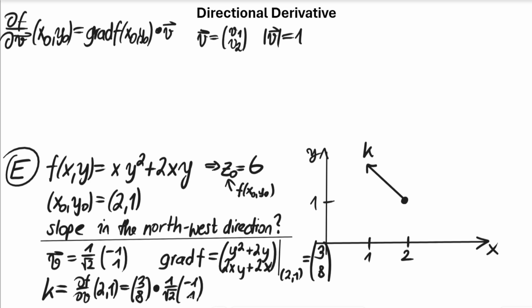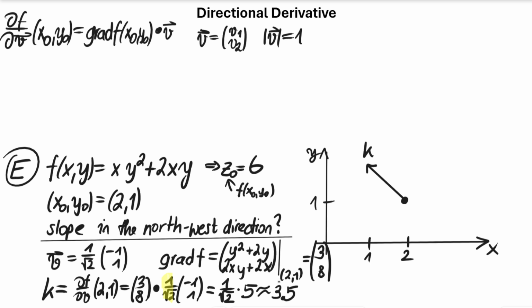In the dot product, this prefactor can be pulled out to the front, so we write 1 over root 2. And now compute the dot product. 3 times minus 1 is minus 3, plus 8 times 1, so 8 minus 3 is 5. 5 divided by root 2, and if you use the calculator, this is approximately 3.5.